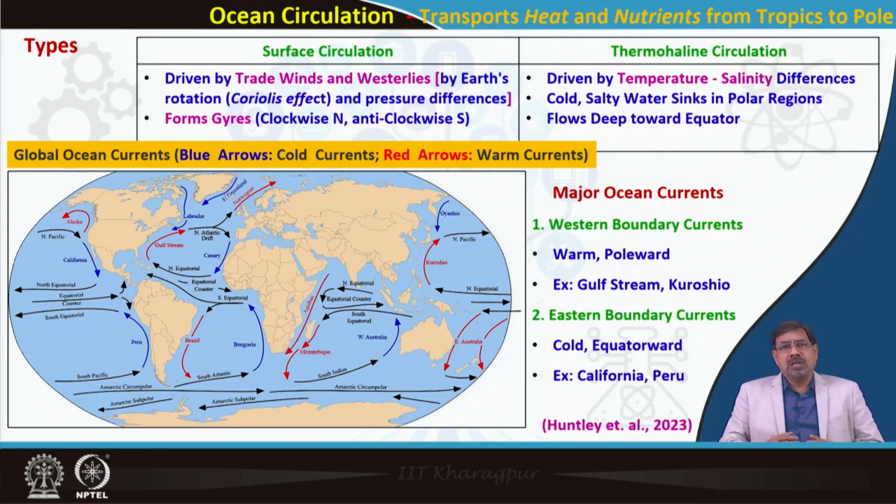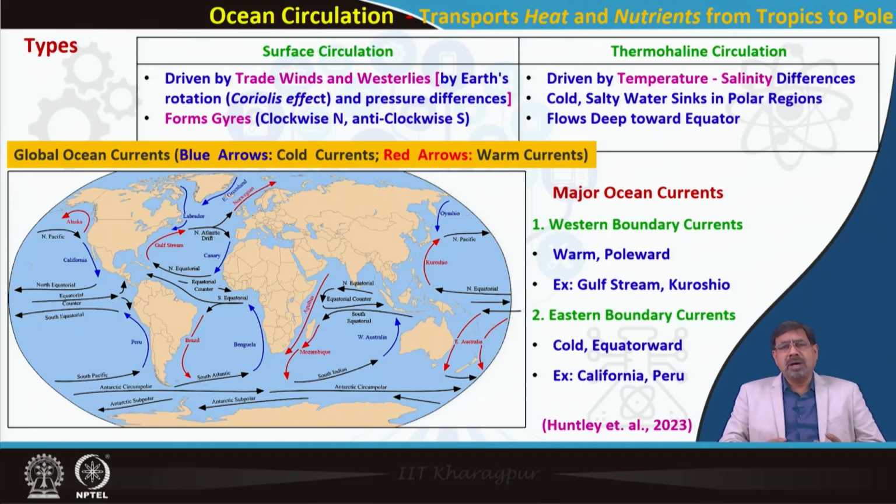So, the major currents, if we discuss in terms of the western and the eastern boundary currents. In terms of the western boundary currents, you see warm water moves towards the pole and loses heat because it is lighter in nature in comparison to the cold water, the cold currents, I am sorry.